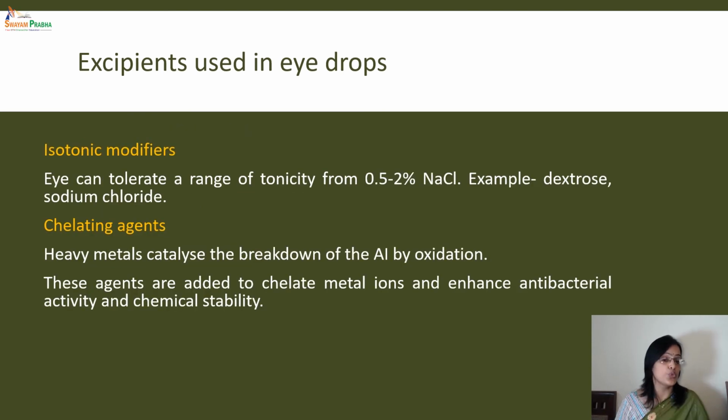Next is isotonicity modifier. This is also important along with sterility. Sterility and isotonicity are two important characteristics an ophthalmic eye drop should have. Isotonicity: the eye drop has to maintain the osmotic pressure with lacrimal fluid to avoid any kind of pain, irritation or discomfort.